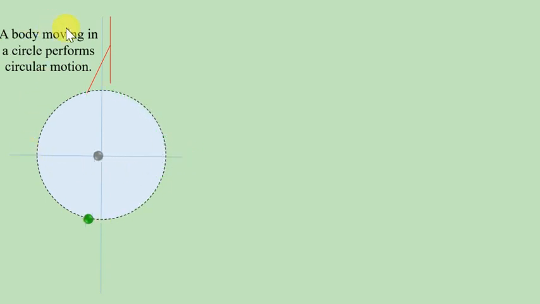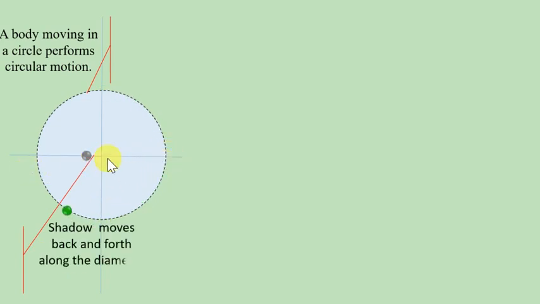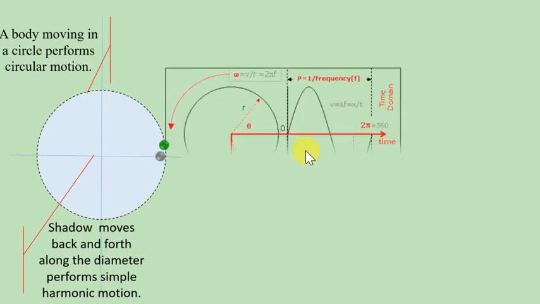So a body moving in a circle performs circular motion. What of the body moving along the diameter? It's moving forth and back, to and fro. That represents simple harmonic motion.